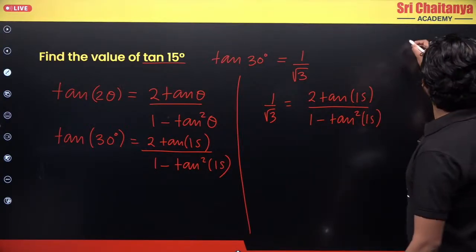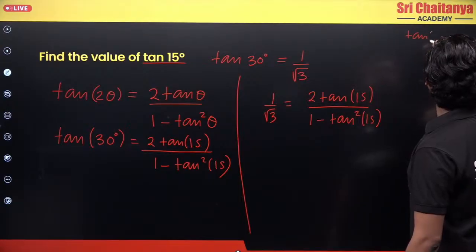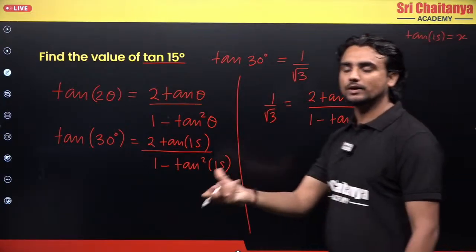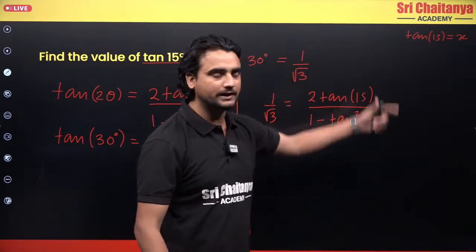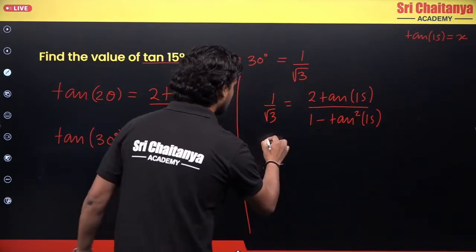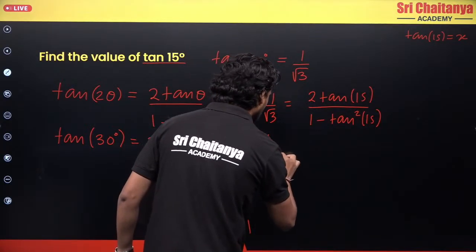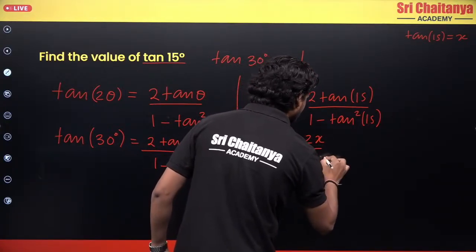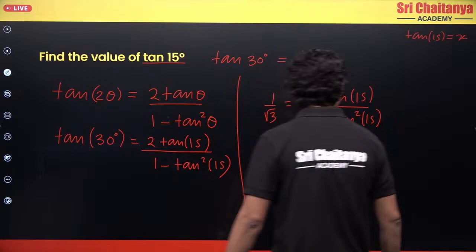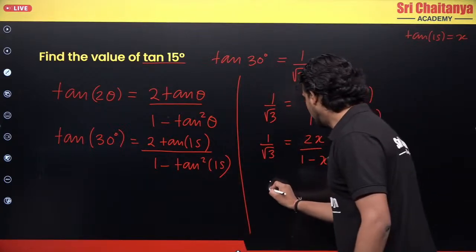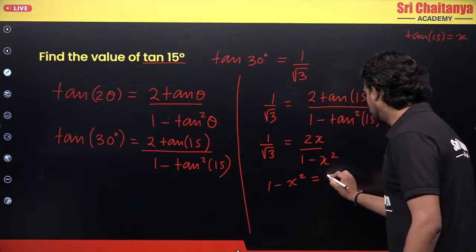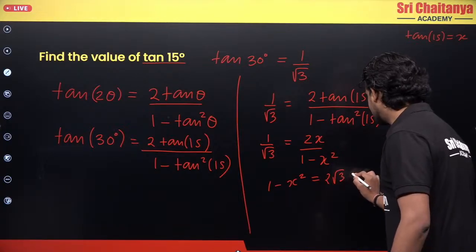Okay, so what I'll do, I'll take tan 15 as, let's say, some value x. I am substituting because I don't want to write tan 15 every time. So what will this become? This will become 1 by root 3 is equal to 2x upon 1 minus x square. Correct? So if I cross multiply, 1 minus x square will become 2 root 3x.